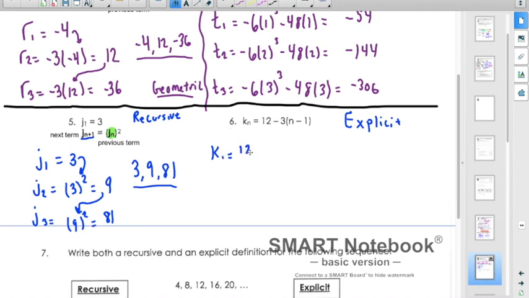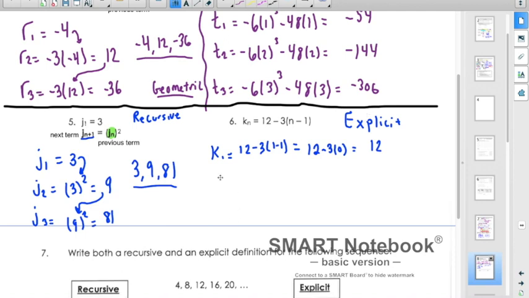So it's going to be 12 minus 3 parentheses 1 minus 1. And if you have your calculator, you can type that in exactly as you see it. If not, we got to rely on our order of operations, which would be 12 minus 3 times 0. This just ends up being 0, so 12 minus 0 is just 12.